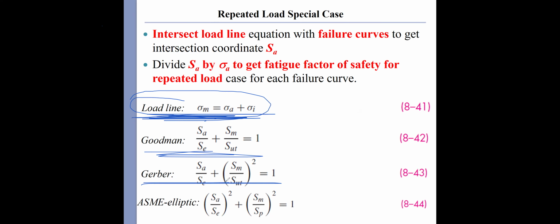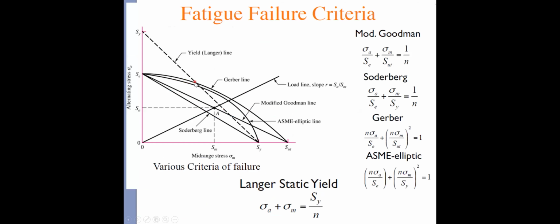Similarly, you can get the intercept of the load line and the SME ellipse, just based on the different failure criteria. So this is the summary.